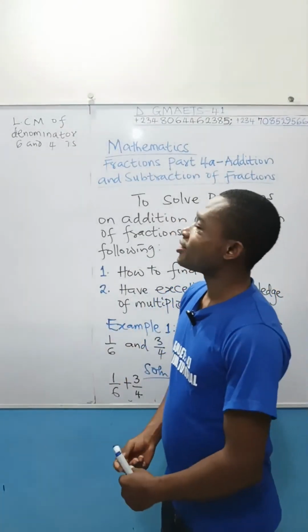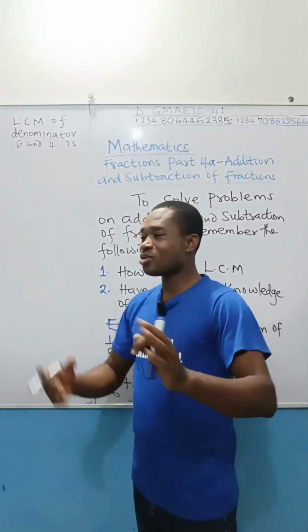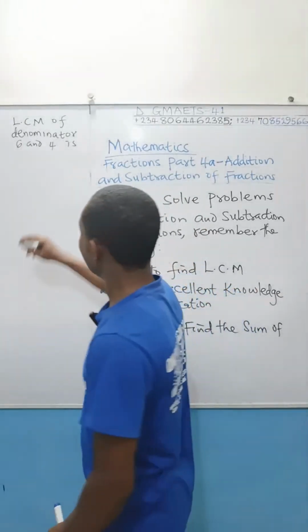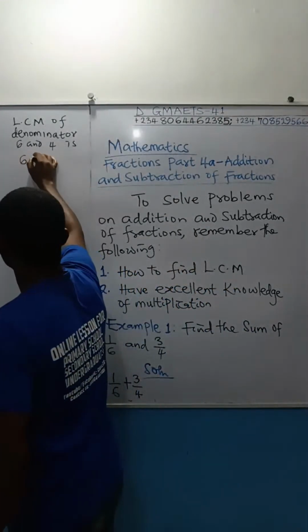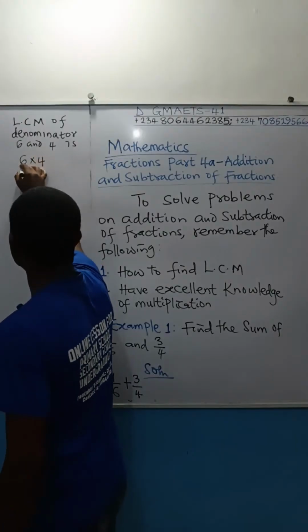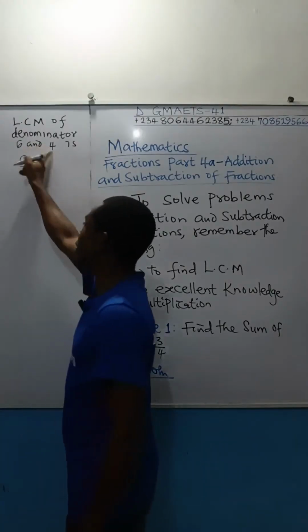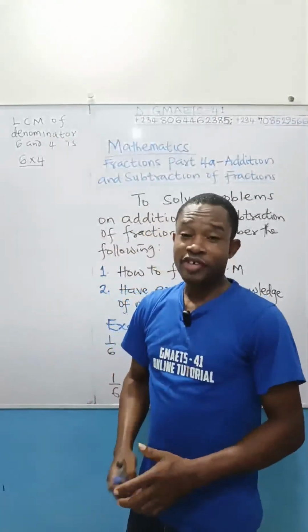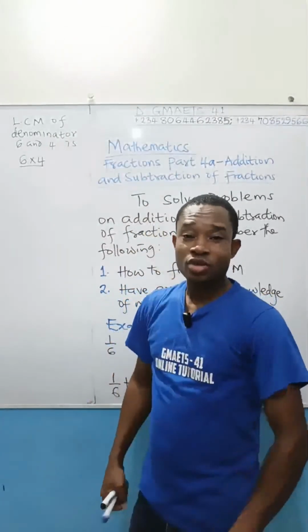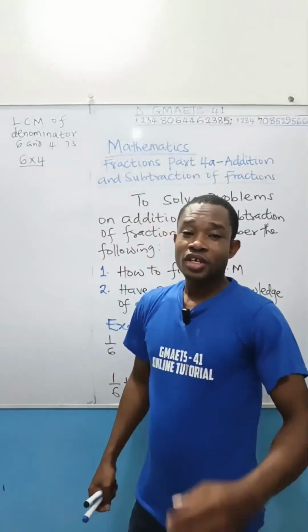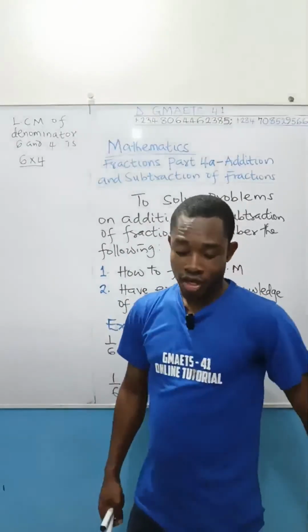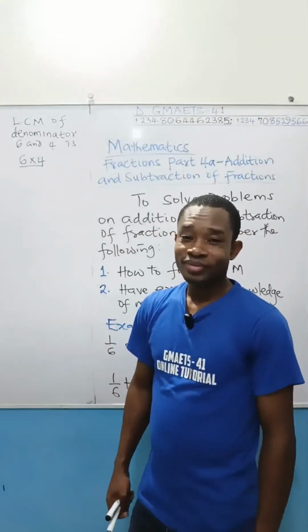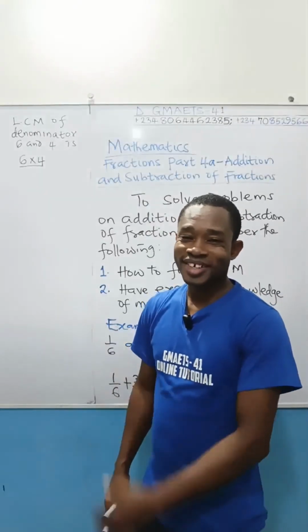So if you want to get the LCM of any two or more numbers, simply multiply them, 6 times 4, and then divide by their highest common factor. What is the highest common factor of 6 and 4? The highest number that can divide 6 and divide 4. So you see, the rules of divisibility, you need them here as well.